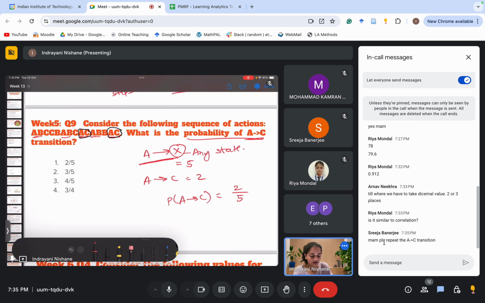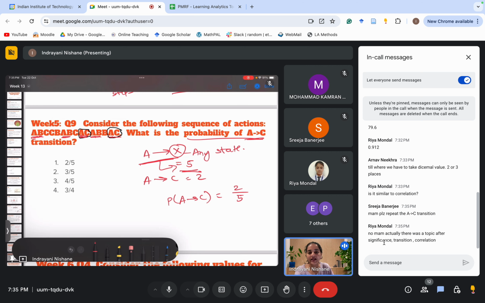We are just counting A to B, A to B, A to C, A to C, A to B, and A to C. So 1, 2, 3, 4, and 5. So A to any has occurred 5 times. Now out of these 5 times, how many times was the state transitioned to C? 2 times. So that's why the answer becomes 2/5.